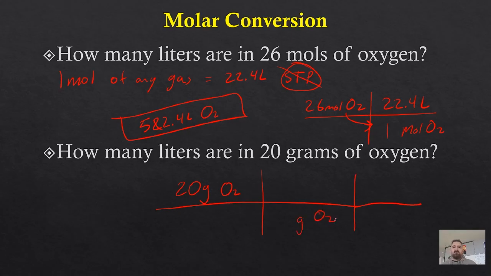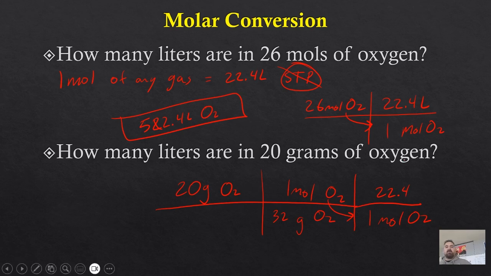So grams of O2 down here. What's the mass of O2? 32 grams. That's going to be for 1 mole, right? Of O2. Now what unit goes in this box here? Moles of O2, how many? 1 mole of O2 is how many liters? 22.4 liters. So grab your calculators. Let's do 20 divided by 32.